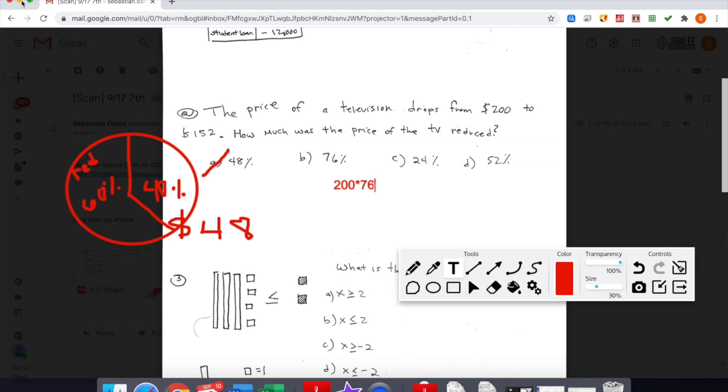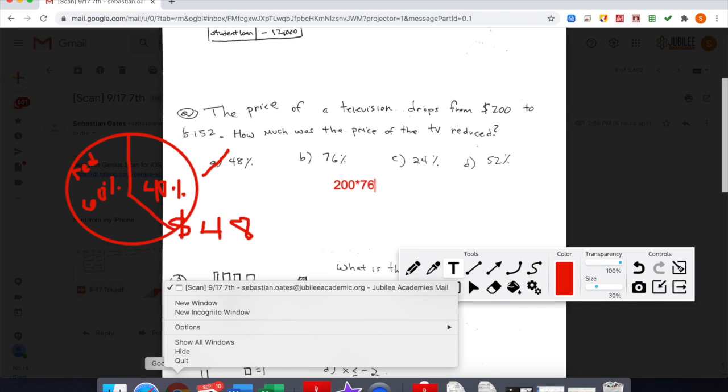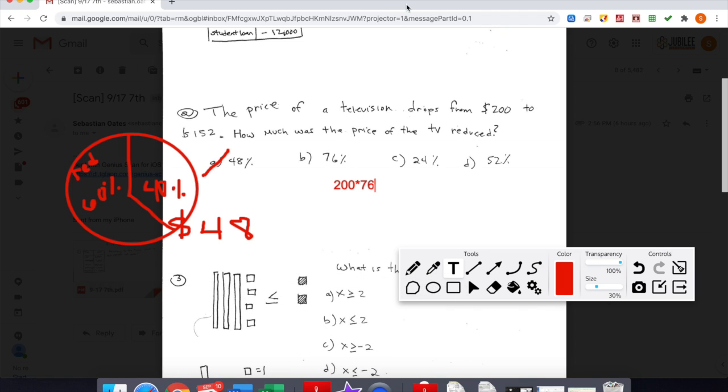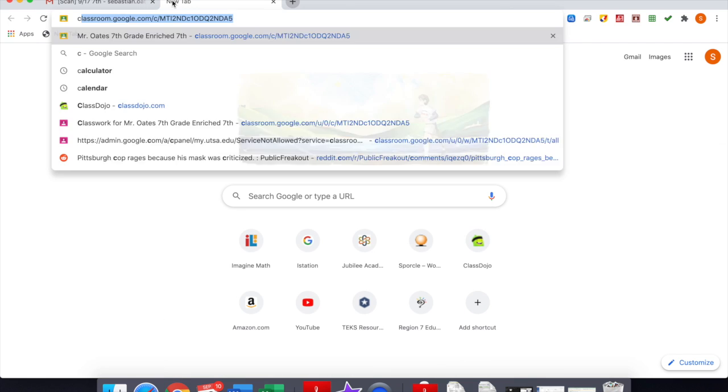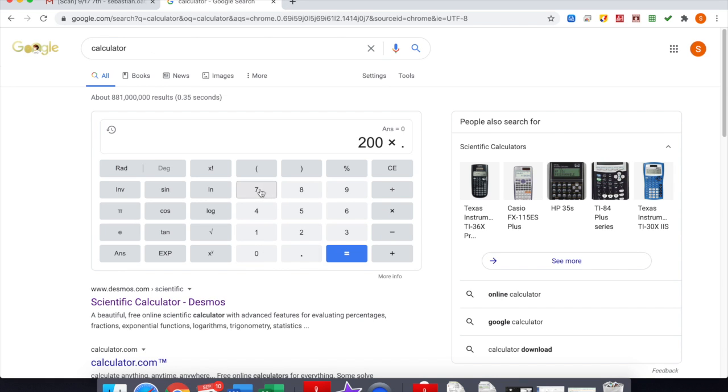When we multiply 200 times 76%, we end up getting 152.